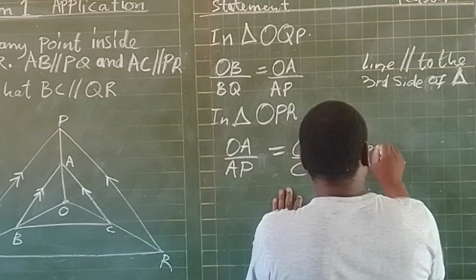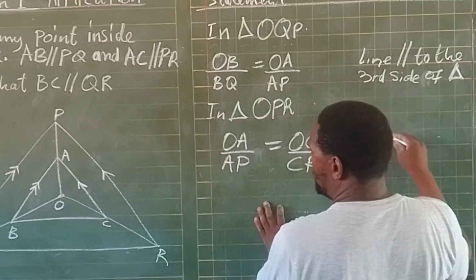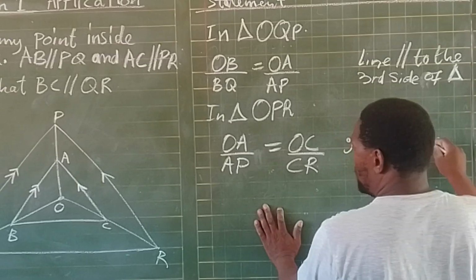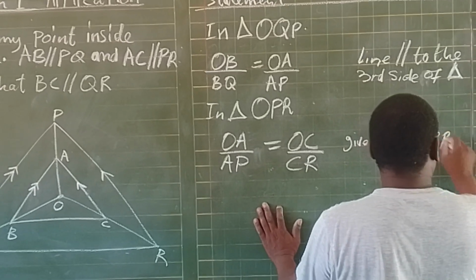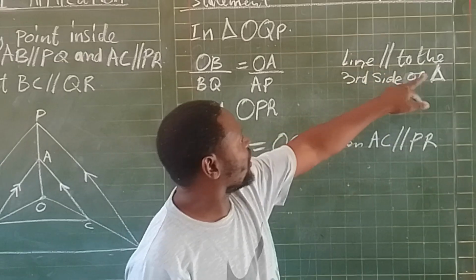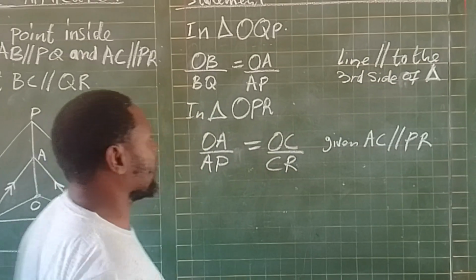We are given that AC is parallel to PR. You can use that, or you can say line parallel to the side of a triangle.